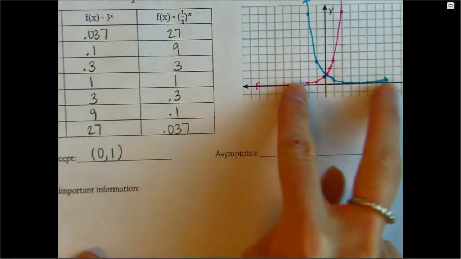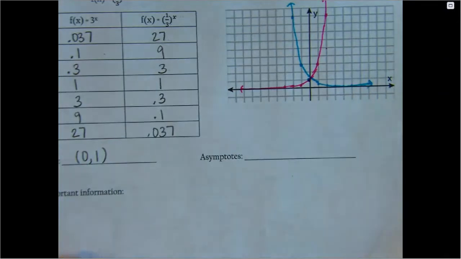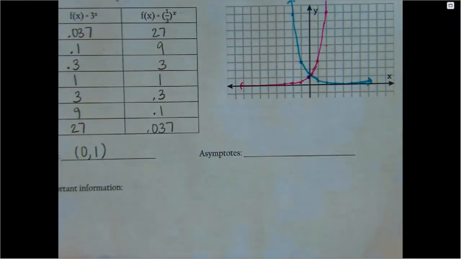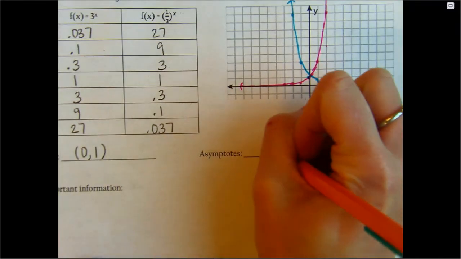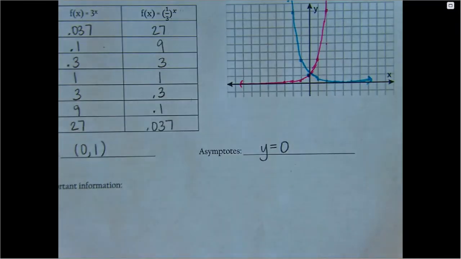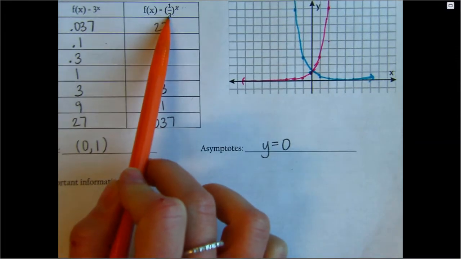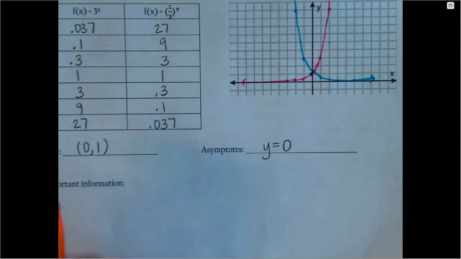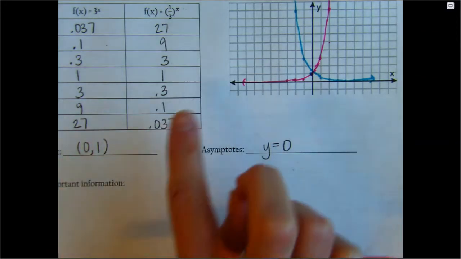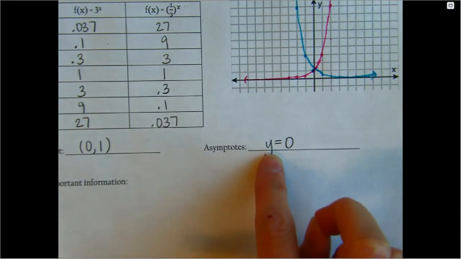horizontally, we always are leveling out at y equals 0. Because no matter what my exponent is, if my base is positive, my output is always going to be positive. So if you don't have any sort of shift or anything like that, that's always going to be our asymptote, y equals 0.